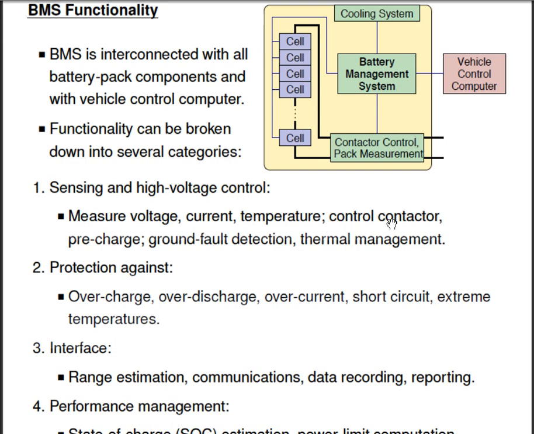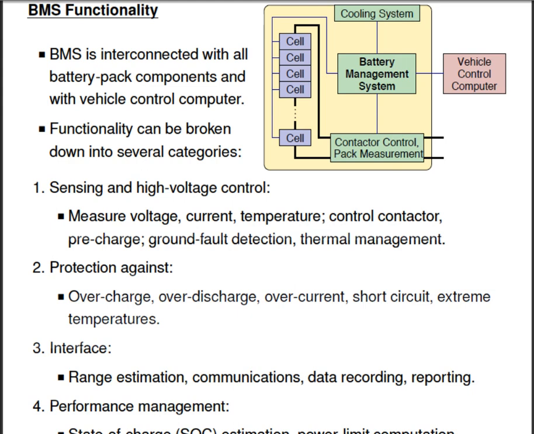Temperature is a very important thing, because at high temperature the battery reaction becomes so high that it creates a kind of traffic jam and battery output voltage reduces. When the battery is too cold, at the time of cold cranking, again the battery reaction does not happen fast. In that case battery output voltage is less. So sensing the high voltage and control, measure voltage, current, temperature, control contactor, pre-charge, ground fault detection, thermal management.